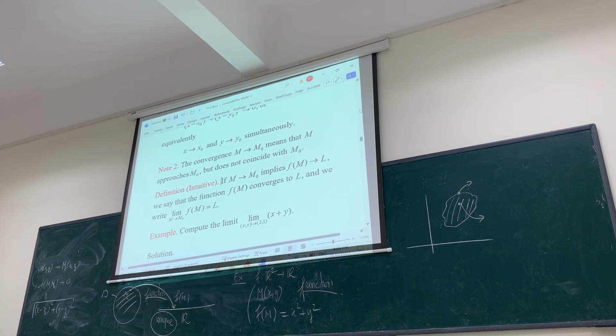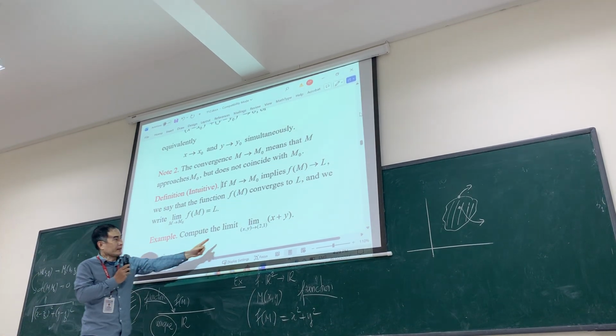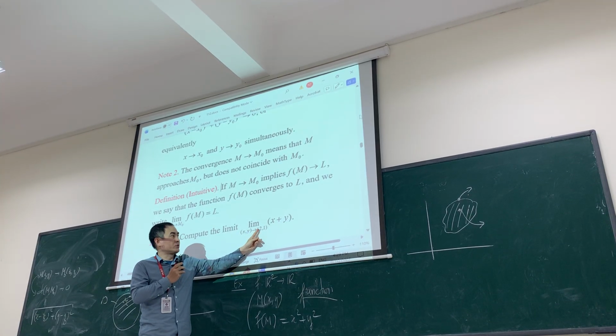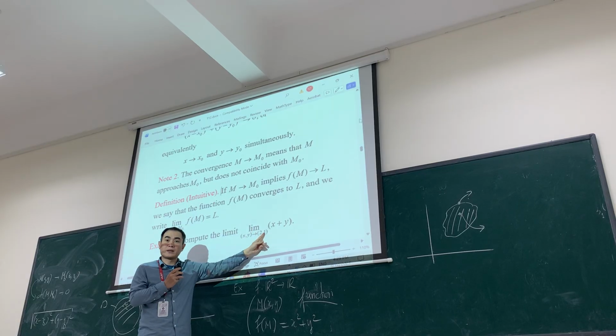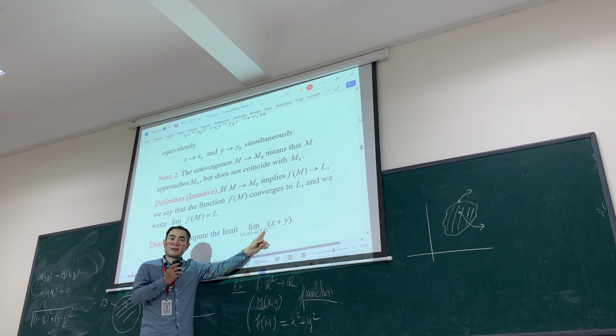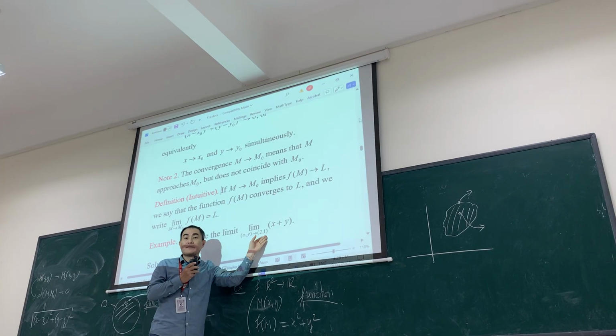Now, how to find the limit? Based on note 1, (x, y) tends to (2, 1) means x tends to 2 and y tends to 1 simultaneously. Based on this property, we estimate the limit.